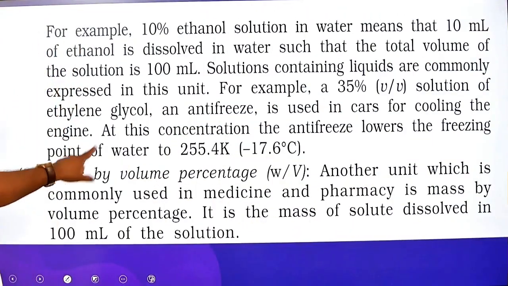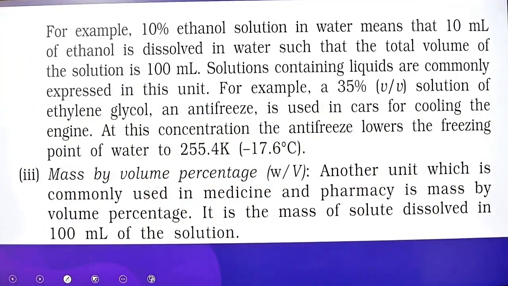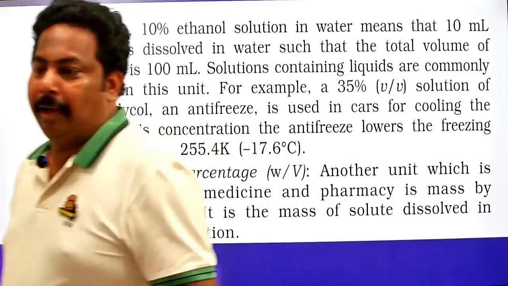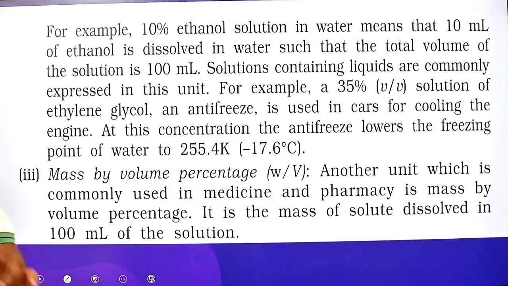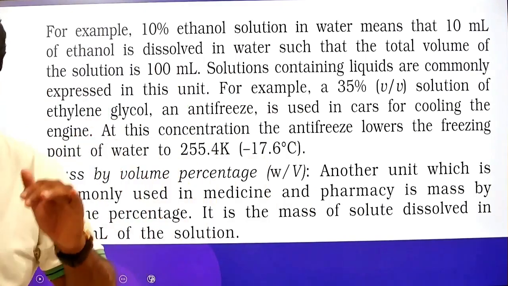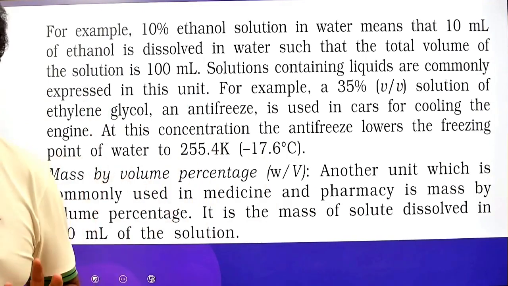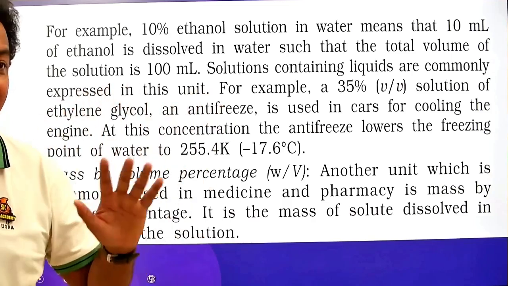And I was able to explain you yesterday ethylene glycol, anti-freezing agent. Am I right? Anti-freezing agent. 35% ethylene glycol can reduce the freezing point of the liquid to minus 17.6 degrees centigrade, which is approximately minus 18 degree.